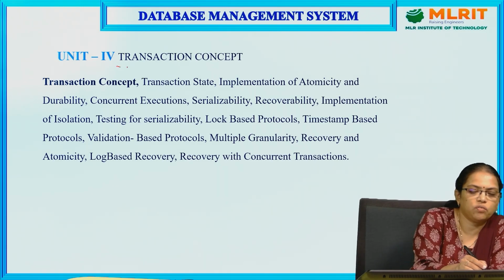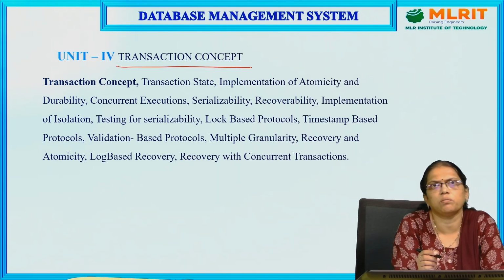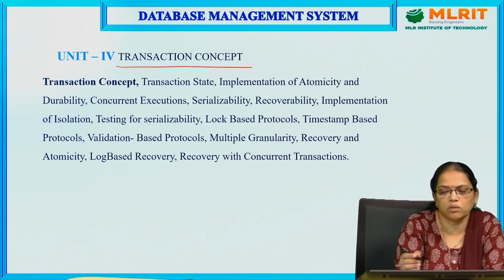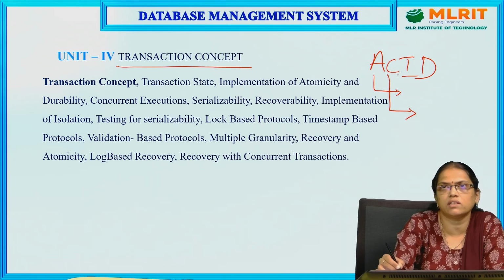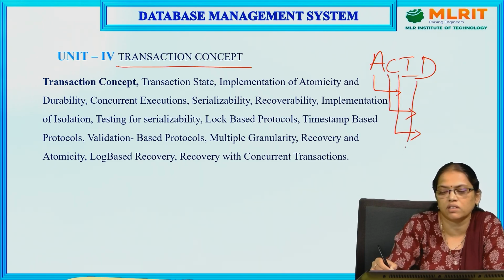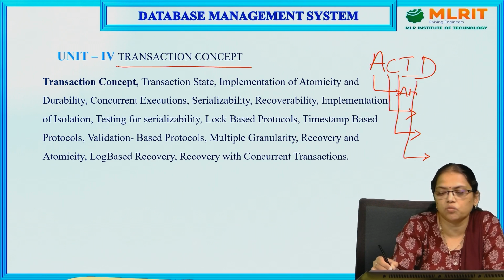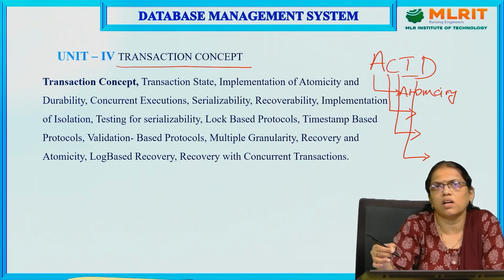Now coming to the fourth unit, the transaction concept. In the transaction concept, we basically study the ACID properties. A stands for atomicity, C stands for consistency, I stands for isolation and D stands for durability. So we will be studying all these 4 properties and how they are useful in our table.